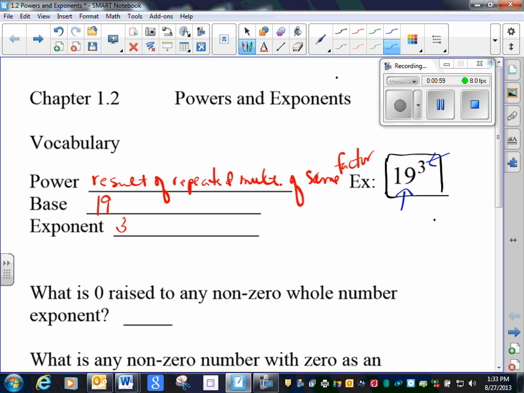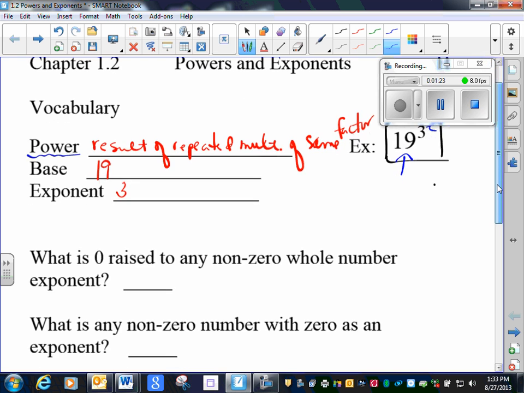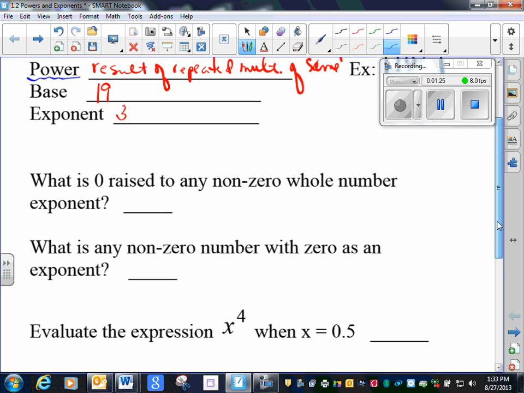I think that's pretty obvious, but the whole thing is called a power, because the definition of a power is the result of repeated multiplication of the same factor. So that means 19 is repeated. It's the same factor 3 times. So the whole thing is called a power. The base is 19 and the exponent is 3. So that's pretty straightforward. You've had this before.